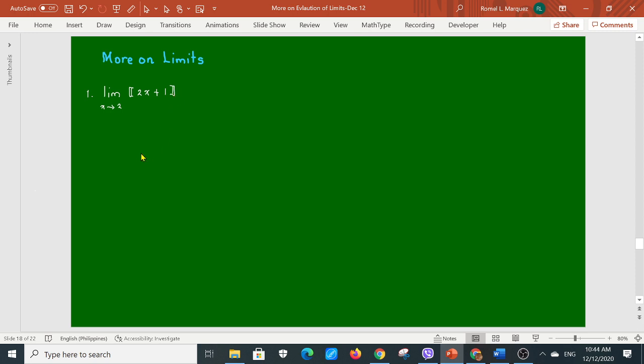Okay, so how to evaluate a limit like this? To be able to evaluate a limit like this, you're going to first get the limit from the left and the limit from the right of 2, but close to 2, so that we will be able to get rid of this greatest integer symbol.